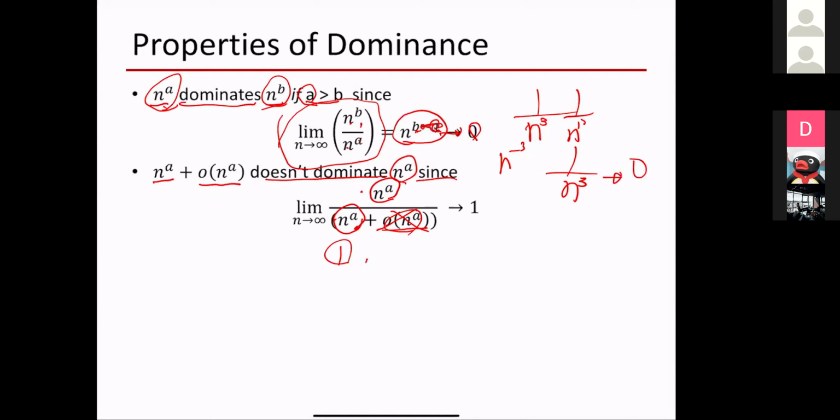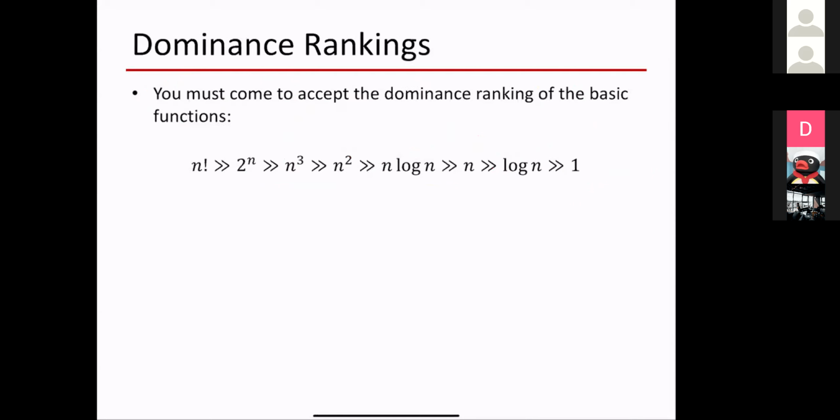All right, so dominance ranking. You must come to accept the dominance ranking of the basic functions. n factorial is the worst, then sequentially, going to the right side is better. If it is constant time, oh, I can do it right away, right? Log n takes some time, but it's very tight.